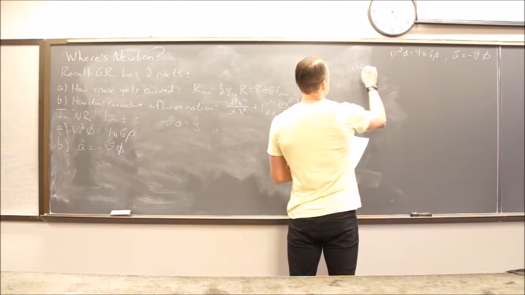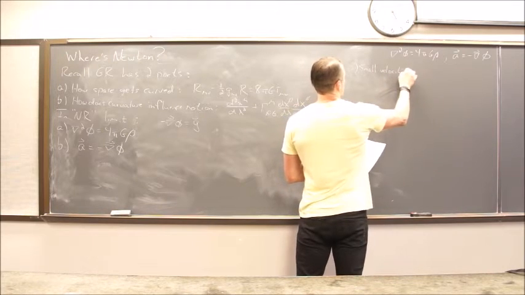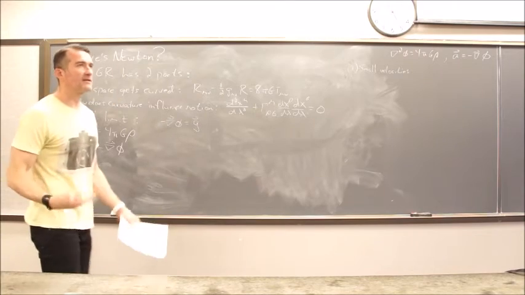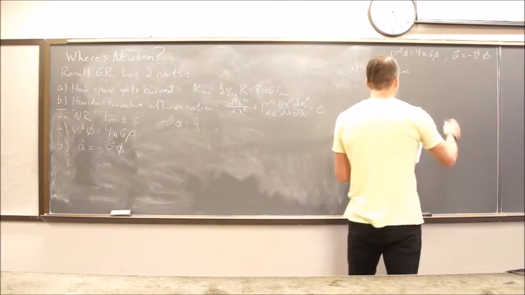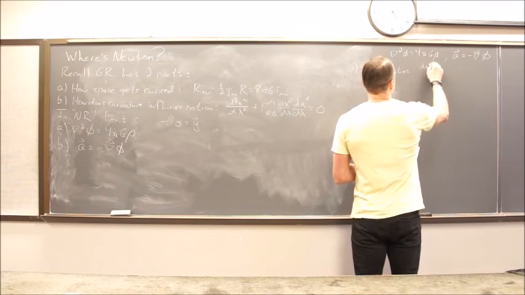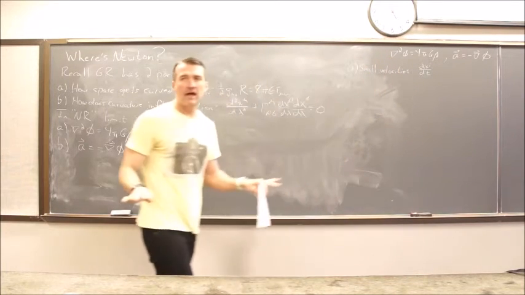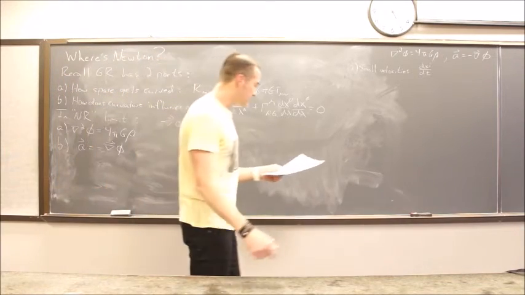So the first limit is going to be small velocities. You know that when we go from any relativistic theory to a non-relativistic theory, typically we limit ourselves to small velocities, but I'm going to write this in a very particular way. The velocity of an object, and this is just good old spatial velocity, like how fast you're moving along spatial directions with respect to time.